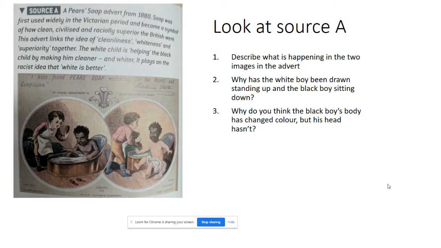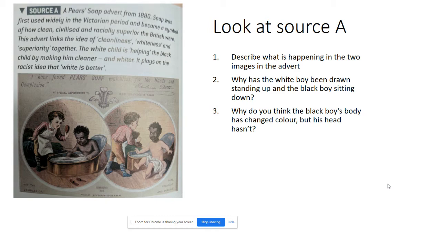Okay, so we have a typical advert for a British product which uses ideas of race superiority, white superiority, to sell a brand of soap, which can, as this advert says, even clean your skin from black to white, which is one way that racial ideas are included within the very material fabric of the empire.